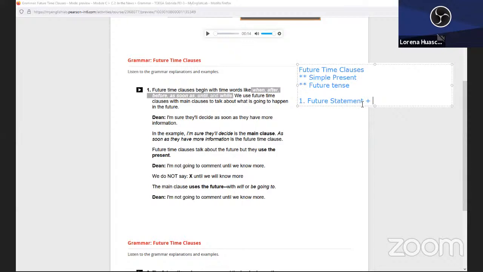After this, I could put the connector; these are called connectors or linking words. And after using my connector, I will always have the other statement. What do I have to put in the other statement? It is the simple present.